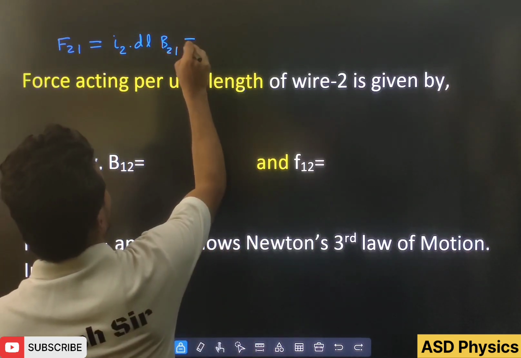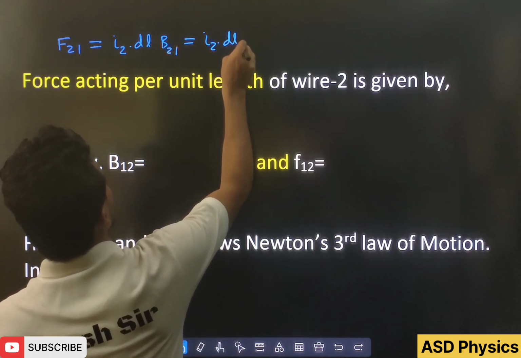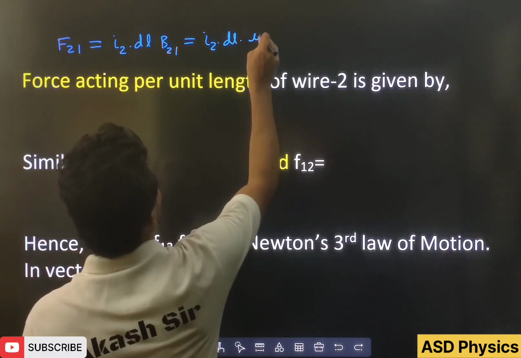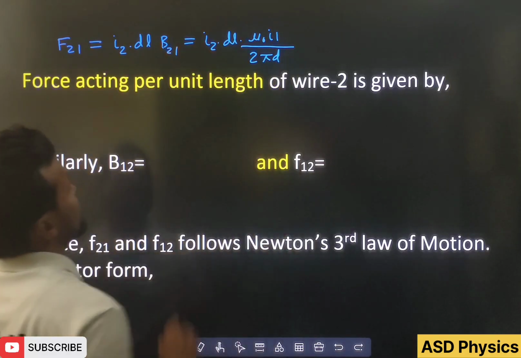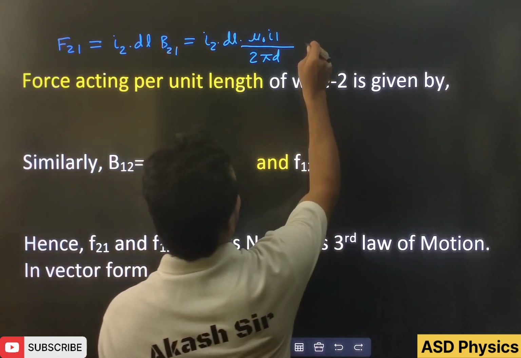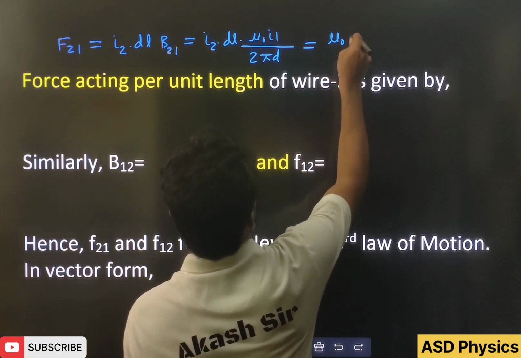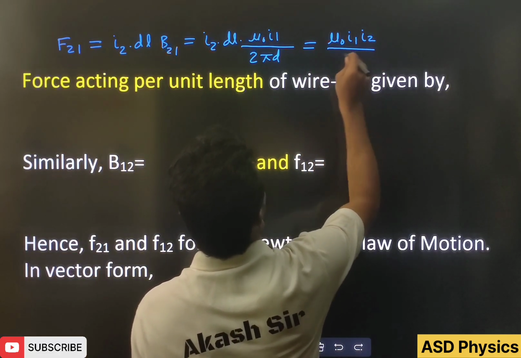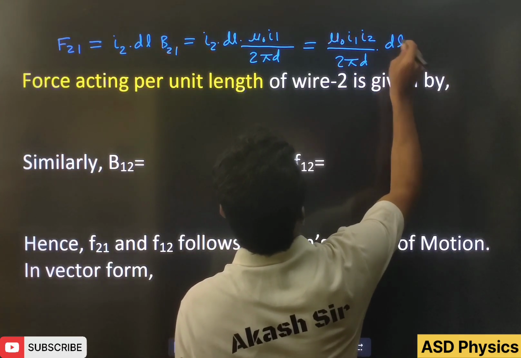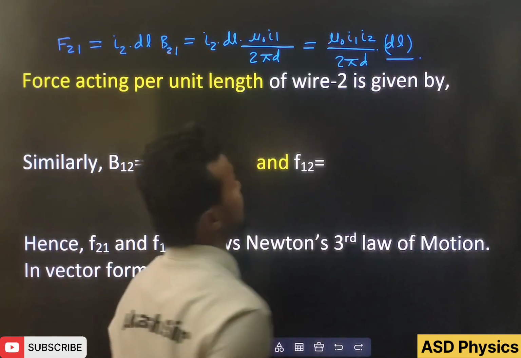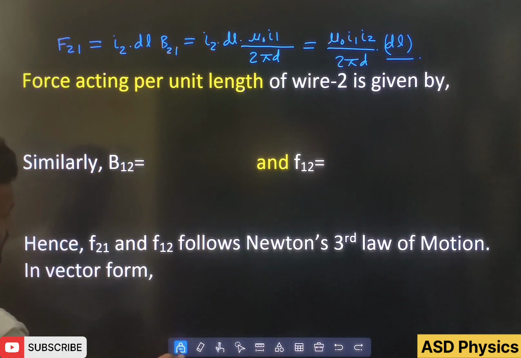Now we'll write I2 into dl, and what is the B21 value? Mu naught I1 by 2 pi d, is it? So from here I can write this force as mu naught I1 I2 by 2 pi d into this length dl. So we have got the force.